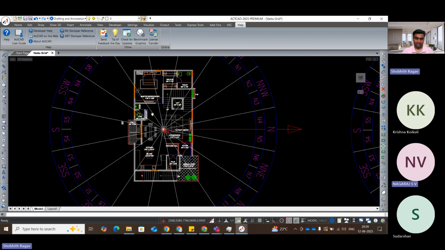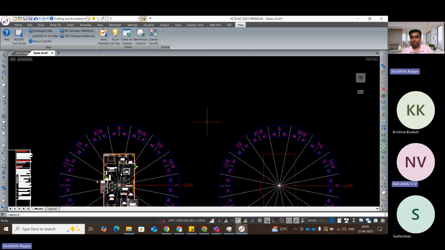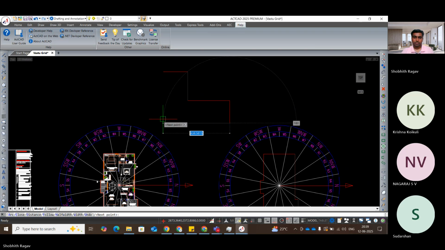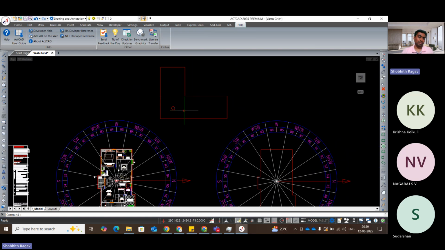If I make an odd shape like this, he will say, okay, this is the center, I will make the door here. But ideally, even if he makes it here, the CG point will be somewhere in this position. It will still fall as per the grid lines only.